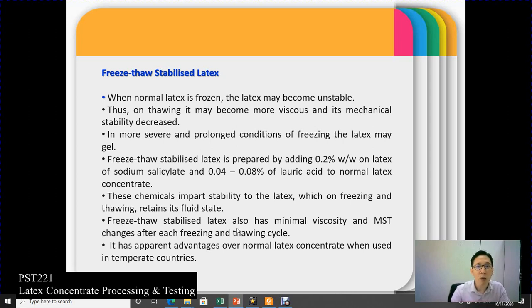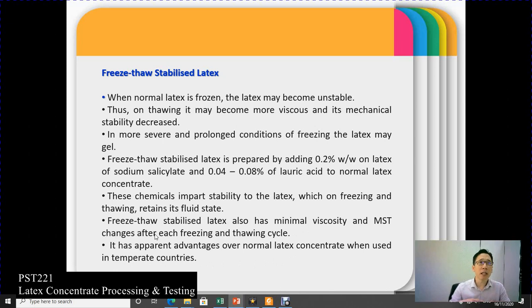Freeze-thaw stabilized latex also has minimal viscosity and MST changes after freezing and thawing cycles. So although you do it repetitively, freezing and thawing, it will only slightly affect viscosity and MST. However, the changes are very minimal and acceptable for manufacturing. It has an apparent advantage over normal latex concentrate when used in temperate countries. So this is very important.